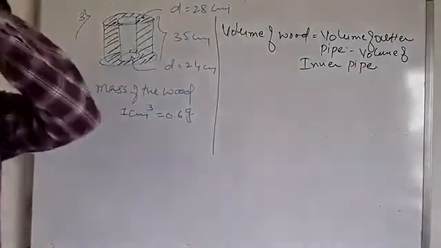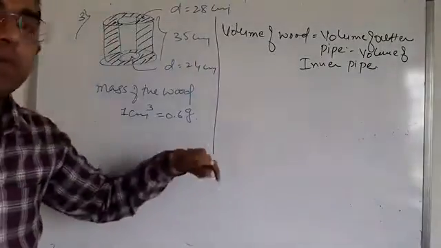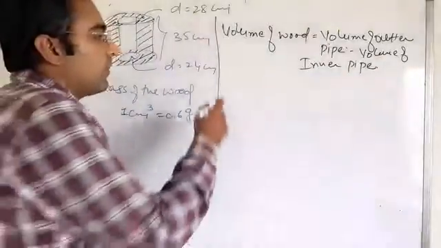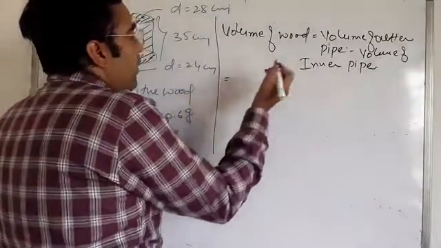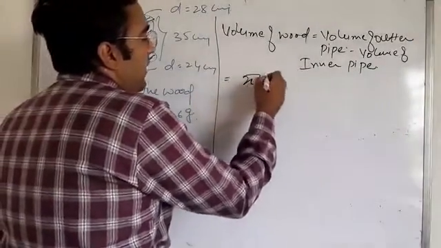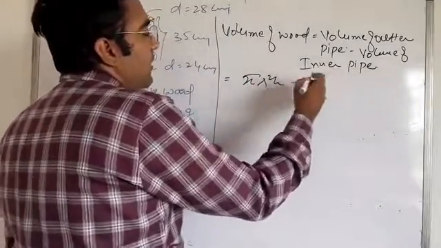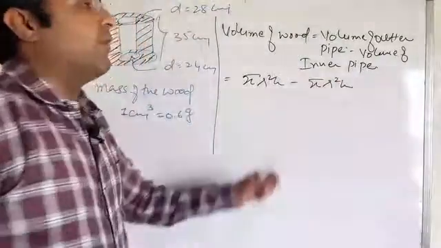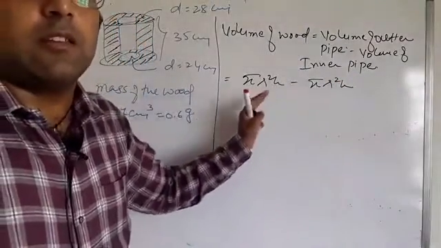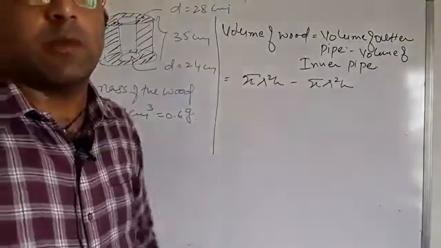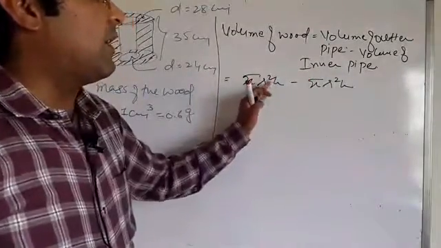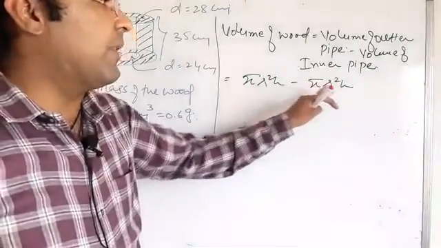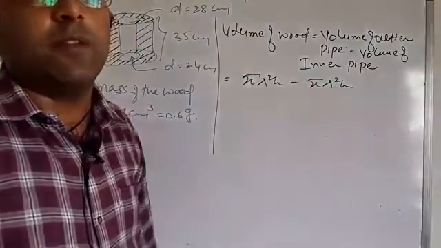My formula is volume of wood equals volume of outer pipe minus volume of inner pipe. Volume of outer pipe is pi r square h minus volume of inner pipe, which is also pi r square h, because both of them are cylinders, so I'll take the same formula. But the radius and height are different for the outer pipe and for the inner pipe.